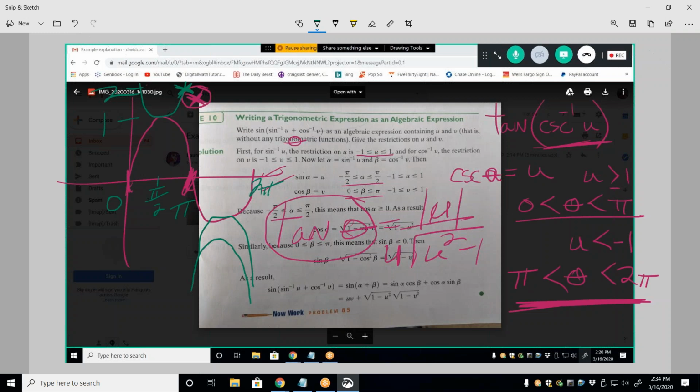So I definitely understand why this is written like that when u is less than -1, and it's in the fourth quadrant, because that's the only way you would get the tangent of theta to be a negative number. But it doesn't solve the problem of the tangent of theta being a negative number when u is like +2, which puts it in the second quadrant.